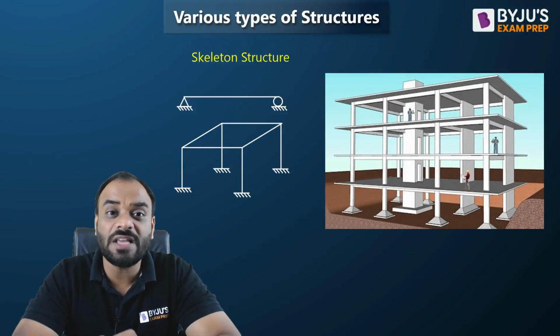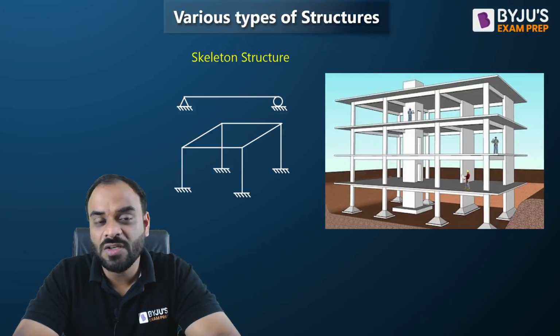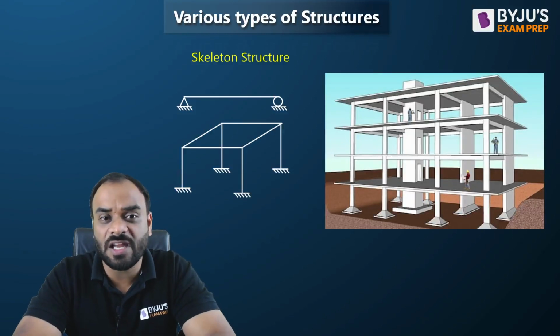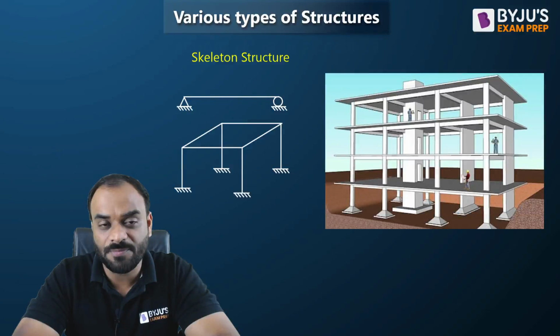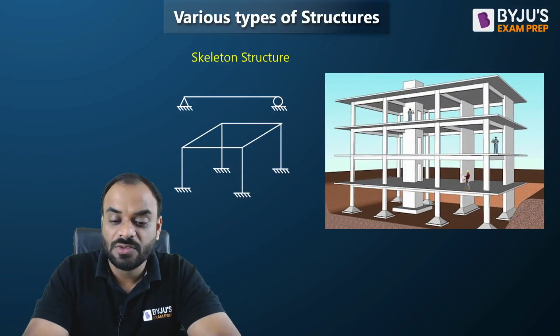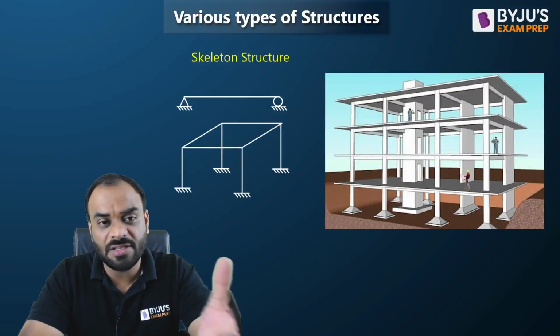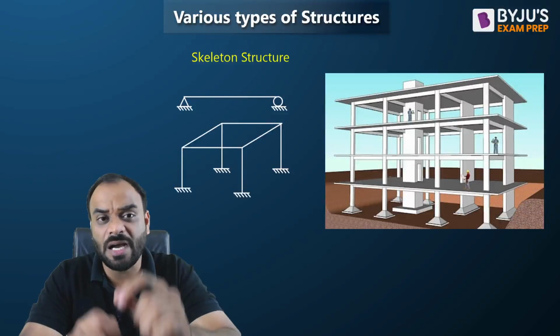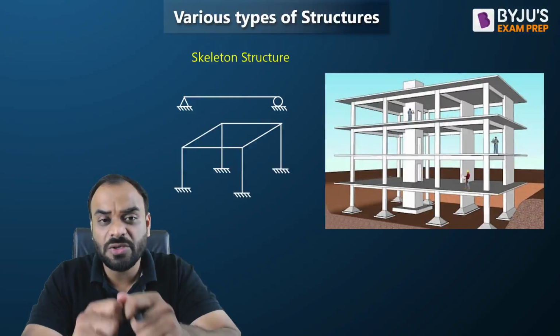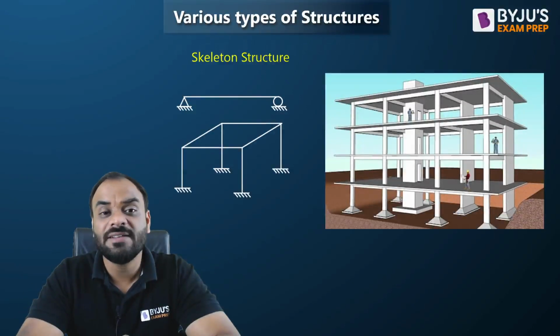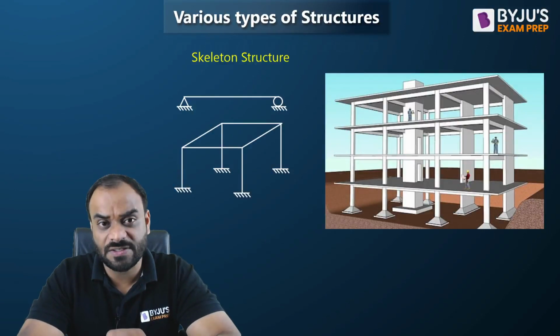That's why it is known as a line structure also, in which one of the dimensions is very significant as compared to the other two dimensions, right? So it can be 2D, it can be 3D also, but if the members are represented by using a line, that is known as a line structure or skeleton structure.